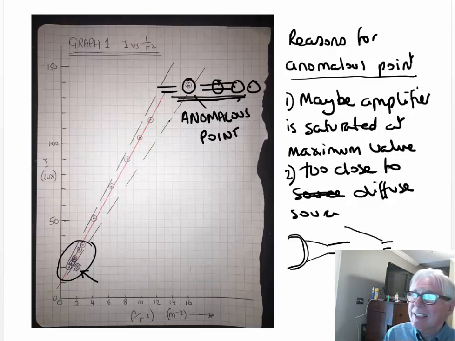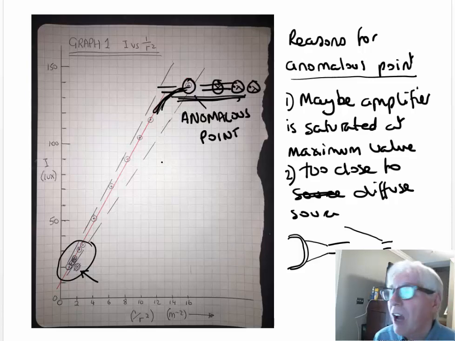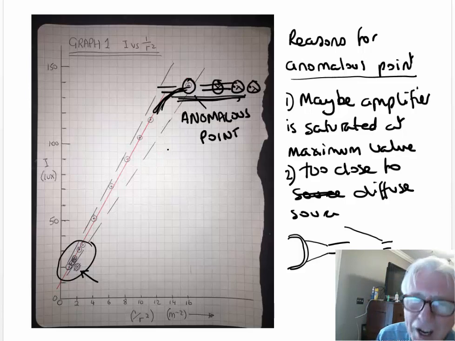But secondly, we need a couple more data points up here just to see if we're saturated out. This corner, if it is a corner, is very interesting. So there was more work to be done on this graph, but we didn't know because we collected all the data before we plotted the graph. And that's a rookie mistake.